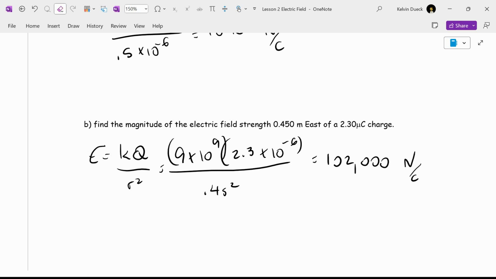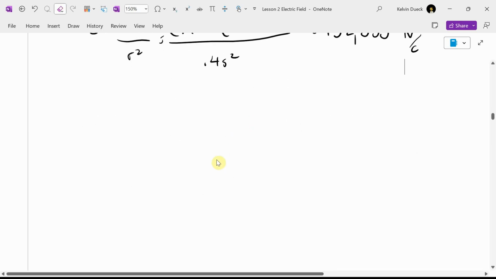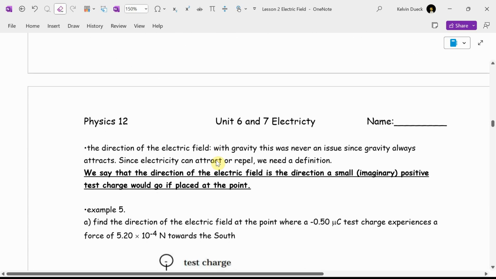Those are the two ways that we can calculate the magnitude of electric field. How are we going to figure out the direction? Again, for gravity, it was easy, toward the center or down. But for electricity, we have the fact that like charges repel. What we decided is we're going to define the direction.